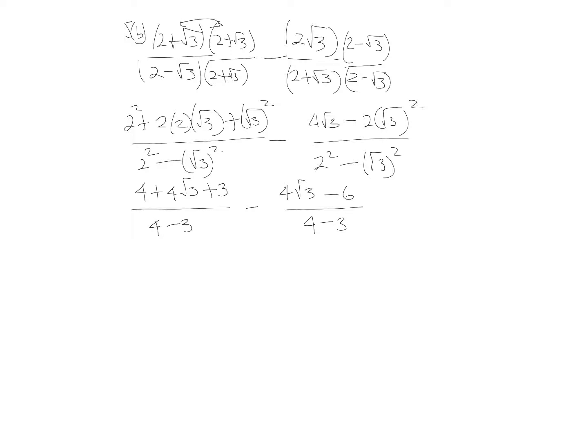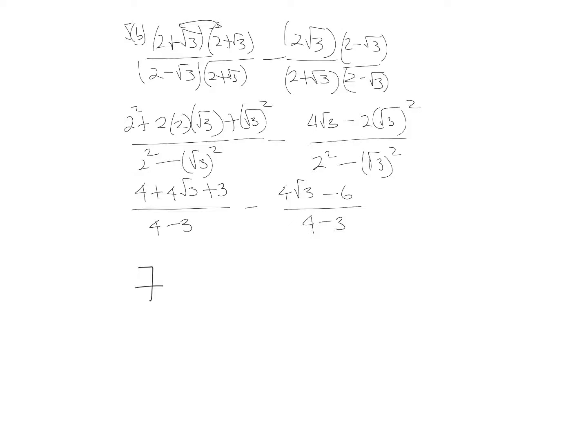So simplifying that, what we have is 7 plus 4 root 3. And because the two of them have the same denominator, we could put them all together in one single numerator.